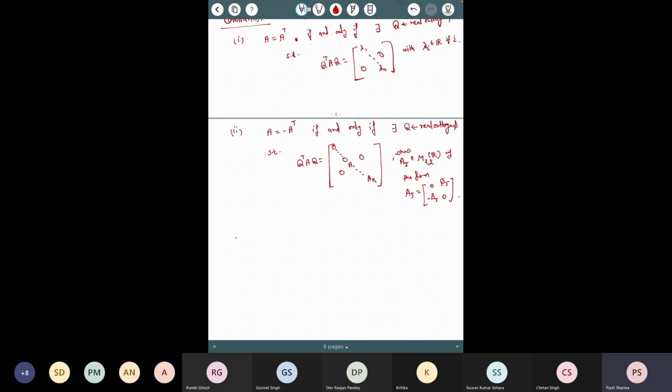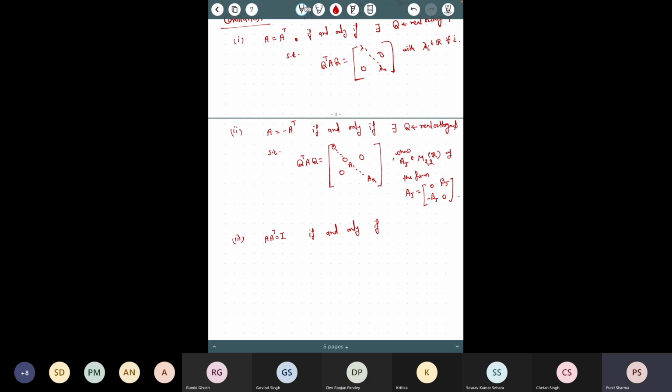Now suppose you have a real orthogonal matrix. That means A transpose A equal to I. Okay. Now what can you say? Suppose A is of this form. So if A transpose A equals identity, then what can you say about the real eigenvalues?